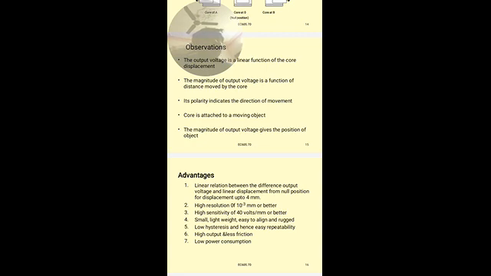Therefore, the output voltage V0, which is the difference ES2 minus ES1, will become positive, and the resultant output voltage is in phase with the voltage ES2.